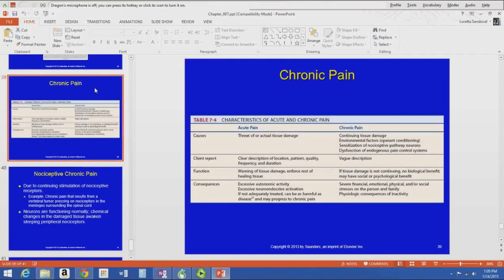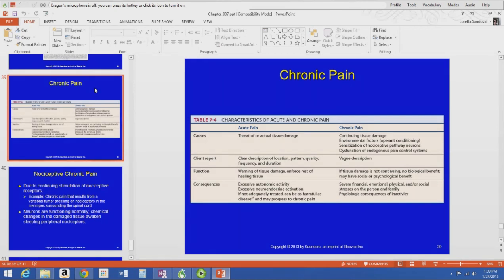So we're going to talk a little bit about chronic pain versus acute pain, and then that's going to segue into chapter 8, where we talk about neuropathic chronic pain and pain matrix dysfunction. So there's this little chart, table 7.4 in the book, which compares acute pain to chronic pain.